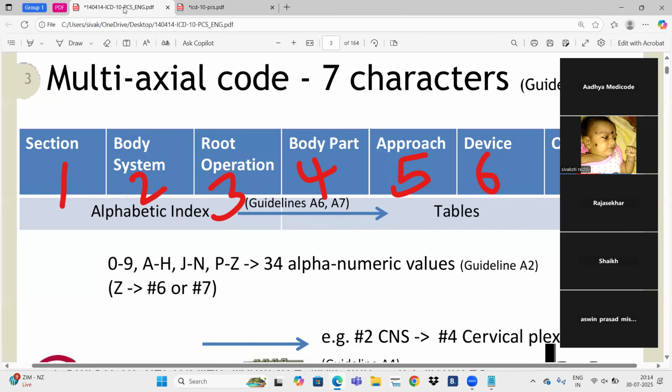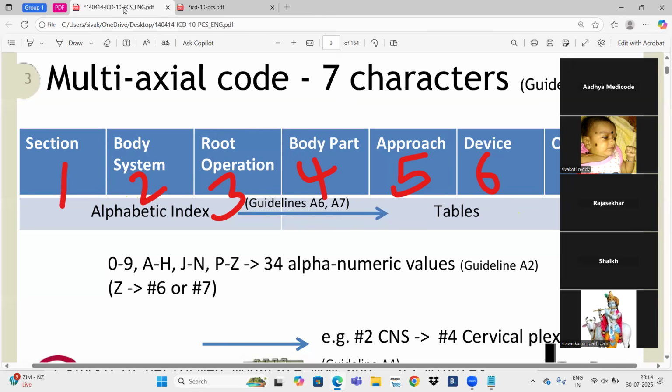One character represents its own specificity. In one procedure, we need to identify all these 7 characters. Then only will you get the complete code.